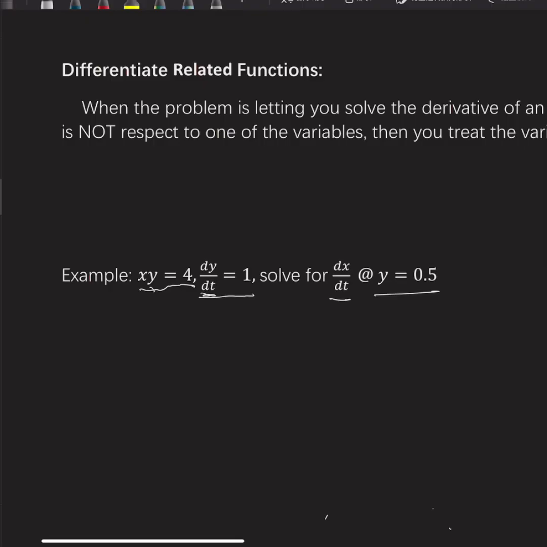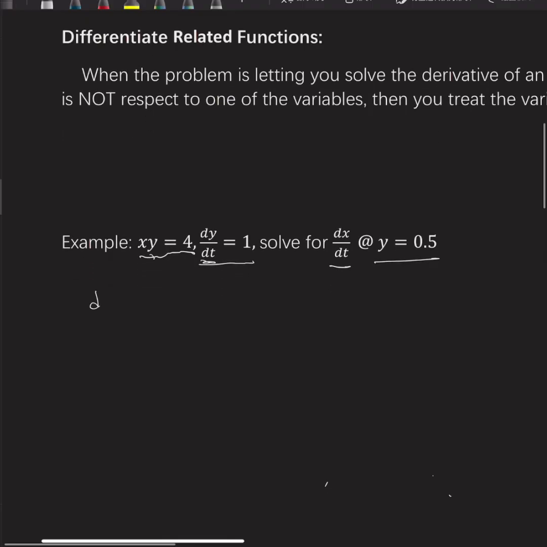So let's do this. For x times y, we need to use the product rule because none of these are constants. So we can say dx/dt multiplied by y plus x multiplied by dy/dt is equal to 0.